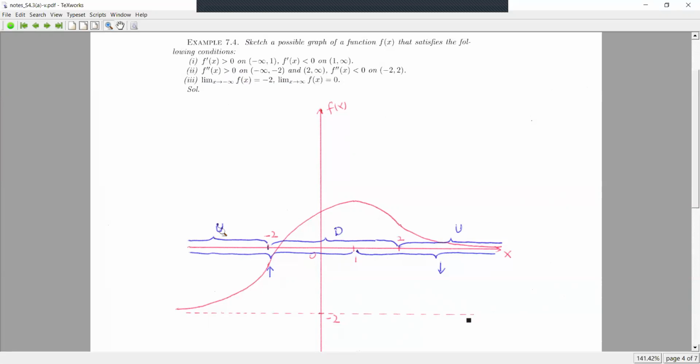Mark down the information. And also second derivative is greater than 0 on this interval, 2 to infinity. So 2 to positive infinity, the curve also concave up. Second derivative greater than 0, concave up.